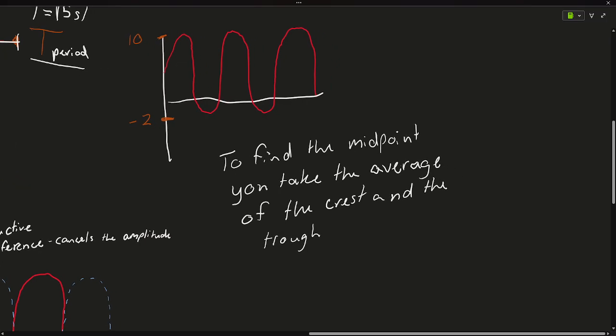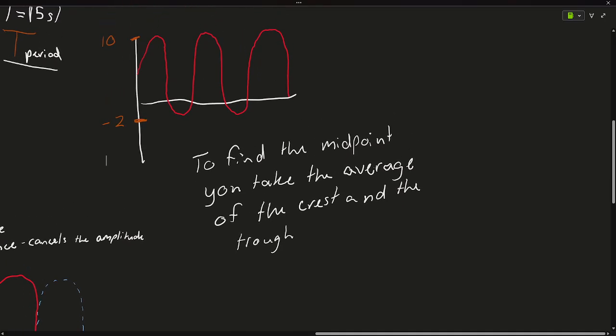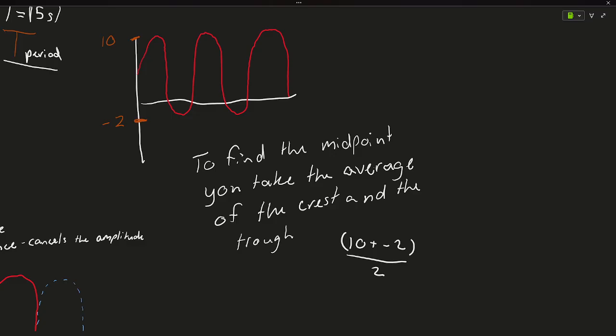To find the midpoint, you take the average of the crest and the trough. So we have 10, that is our maximum, plus -2, divided by 2, because we have two numbers. If we do the maths, 10 minus 2 is 8, divided by 2. So our midpoint is at 4 meters.